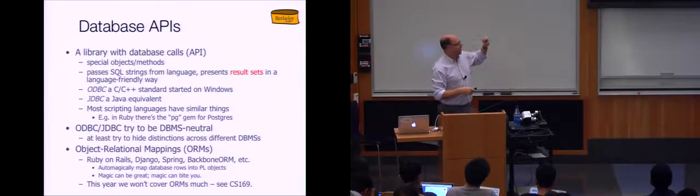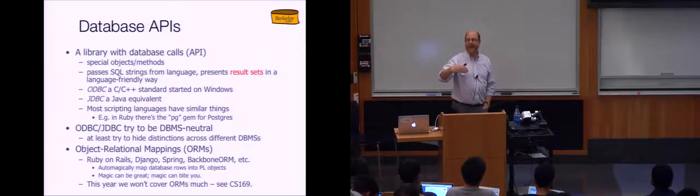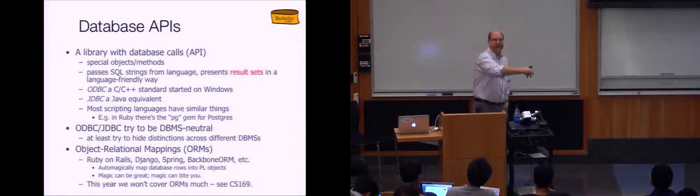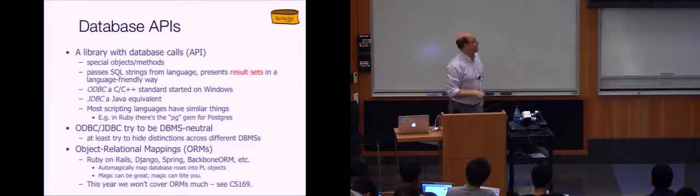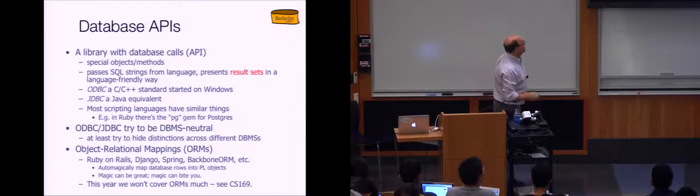There's some syntax in the embedded language to pull values out from the answer into the host language, into Java or whatever you're using. Let's see, I'll show you what one of these looks like in a second.